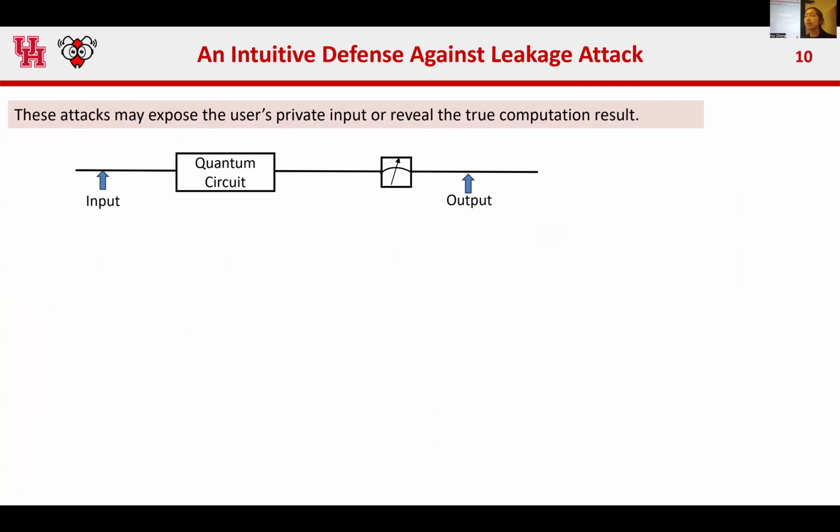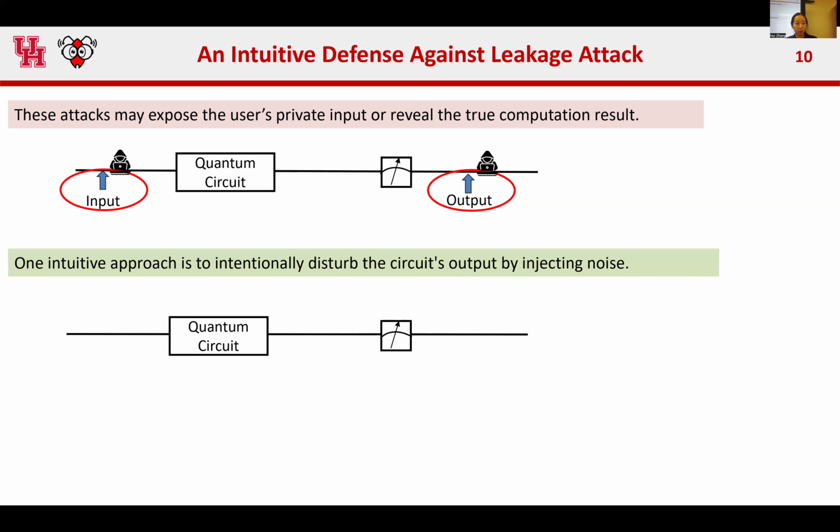So we can see these two attacks may expose the user's private input or reveal the true computational result. One intuitive approach is to intentionally disturb the circuit's output by injecting noise. For example, we add X noise, and then the output will tend to a perturbed output.